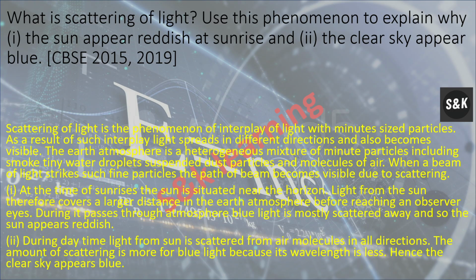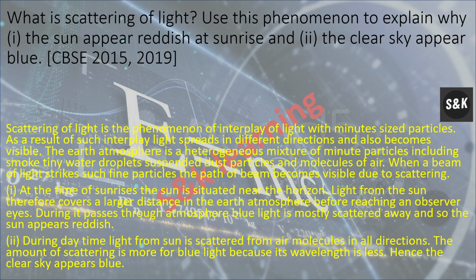What is scattering of light? Use this phenomenon to explain why the sun appears reddish at sunrise and the clear sky appears blue. The scattering of light is the phenomenon of interplay of light with minute-sized particles. As a result of such interplay, light spreads in different directions and also becomes visible.